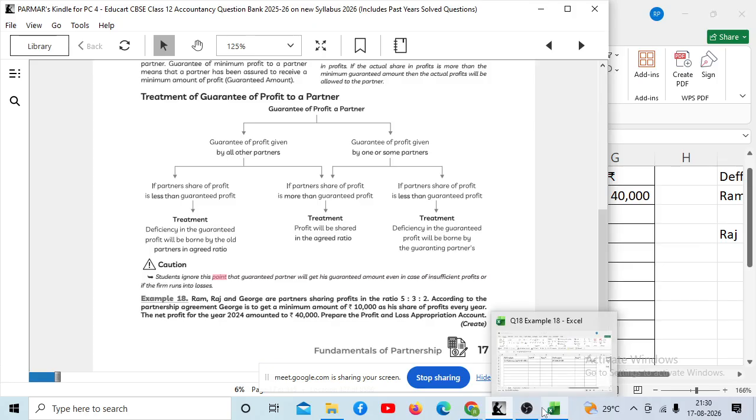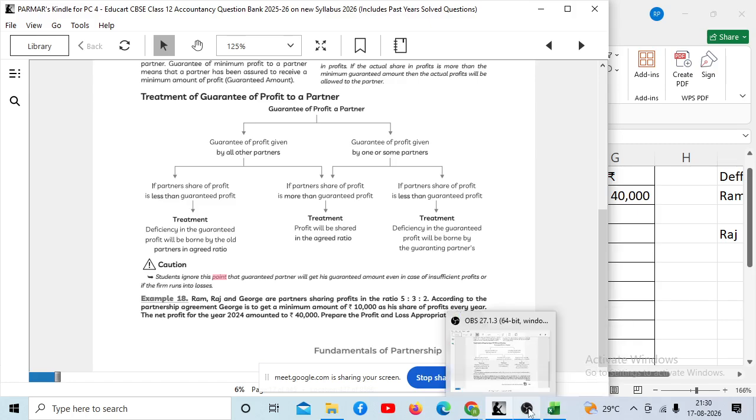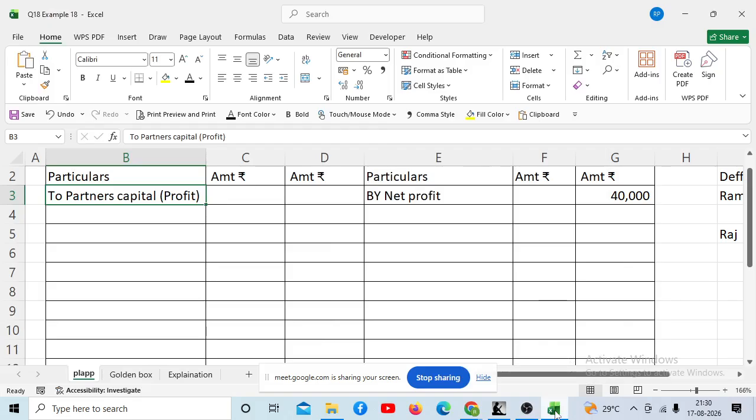Okay. Now see, this will be distributed between Ram, Raj and George in the ratio of 5 is to 3 is to 2, right? So 5 plus 3, 8 and 2, 10. So how much Ram will get, tell me? 40,000 multiply by 5 divided by 10, 20,000, right?